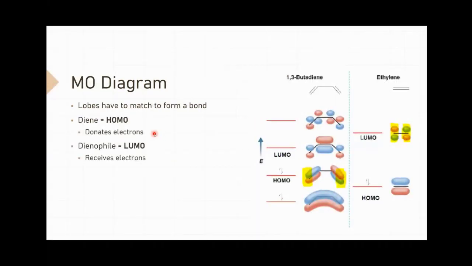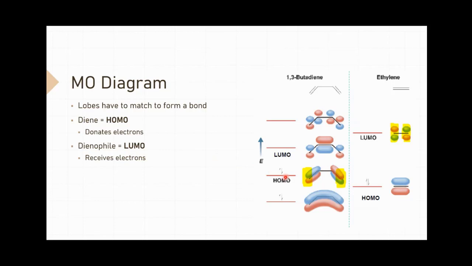So how do they react? Another way you can look at it is the molecular orbital diagram of the two molecules. Remember that the lobes have to match to form a bond. Our diene will always be the HOMO, and the dienophile is going to be the LUMO.